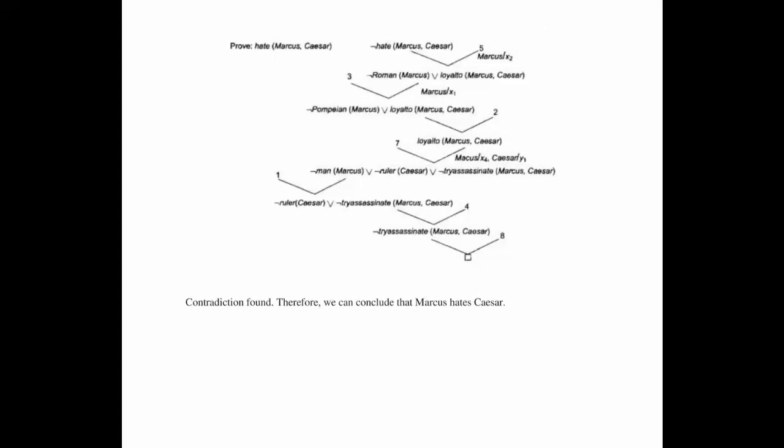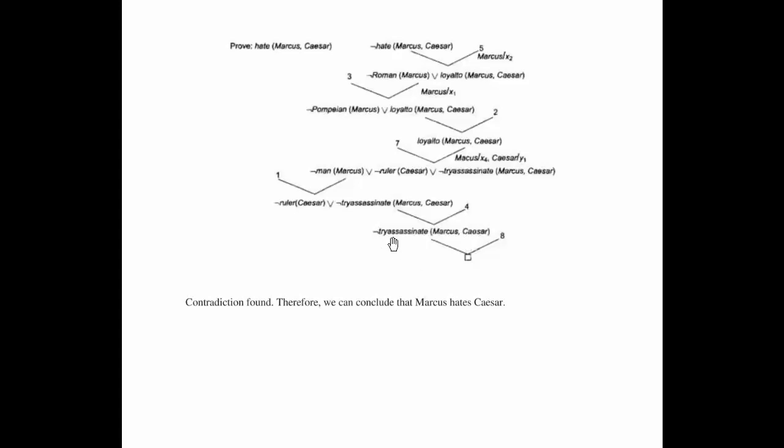If you observe here, what we have to prove is hate of Marcus, Caesar. That means we have to conclude that Marcus hates Caesar. How are we going to convert Marcus hates Caesar now? We have to consider the negative terms and cancel them with the positive terms, and we can conclude that Marcus hates Caesar. Again, in the given form, if you try to assassinate Marcus, Caesar, here Marcus try-assassinate Caesar.